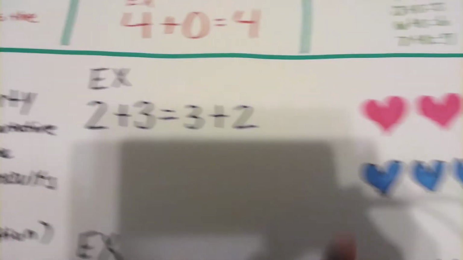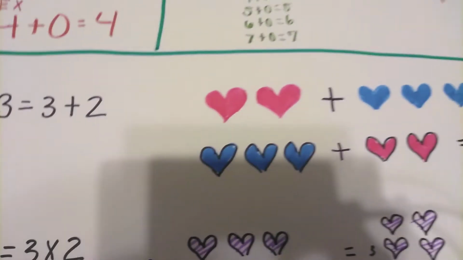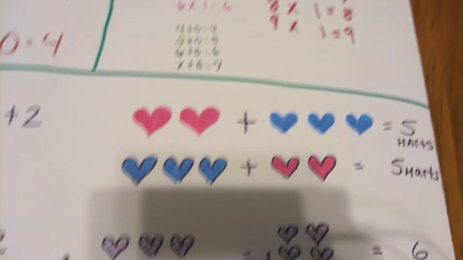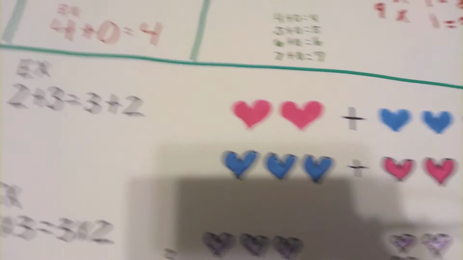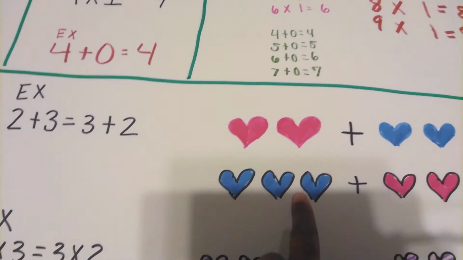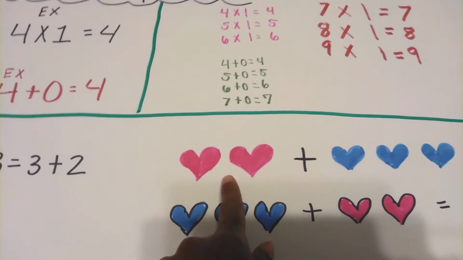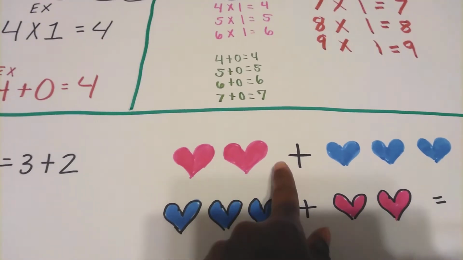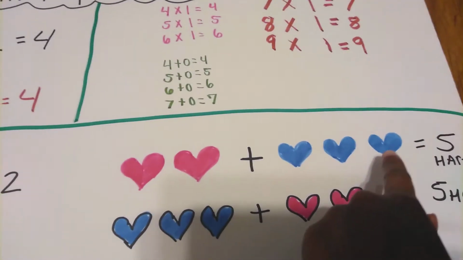Now I have a visual so that you can see that it's still the same. 2 hearts plus 3 equals 5 hearts.